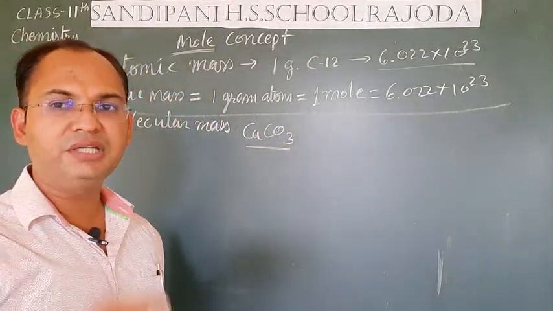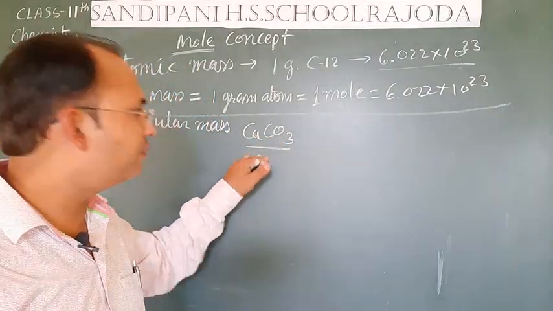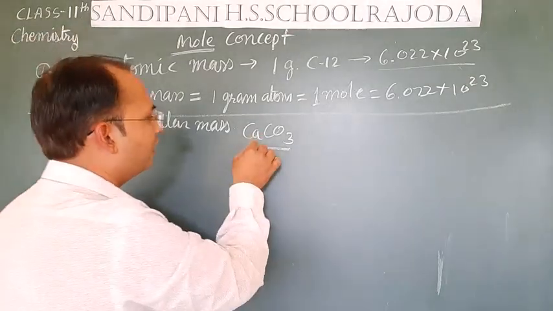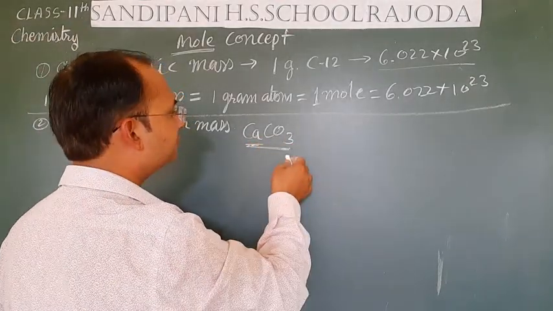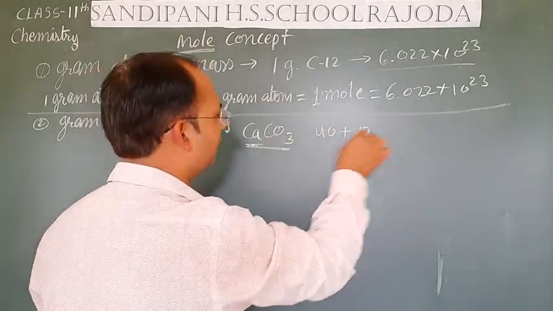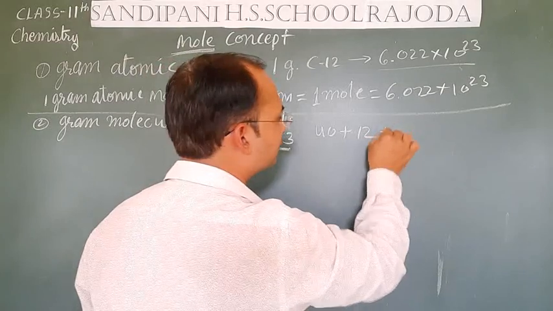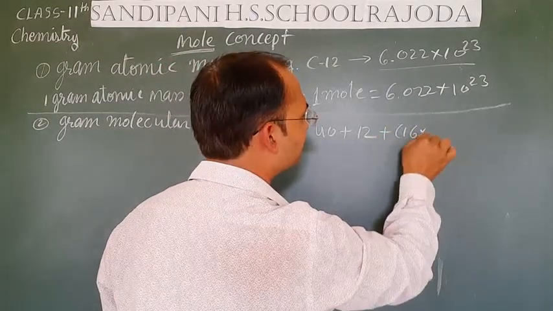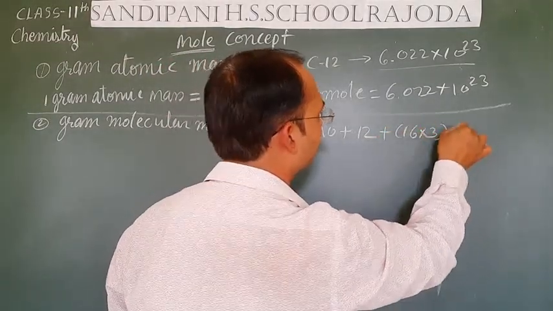If we individually calculate the mass of the atoms, then the atomic mass of calcium is 40, that of carbon is 12 and oxygen is 16, and 3 oxygen atoms are there.